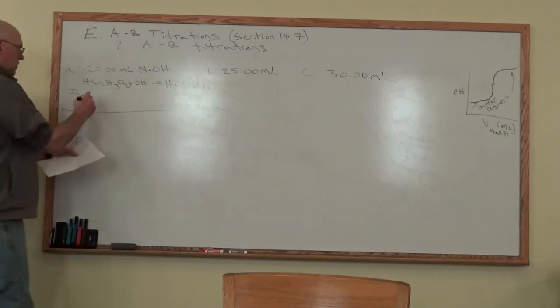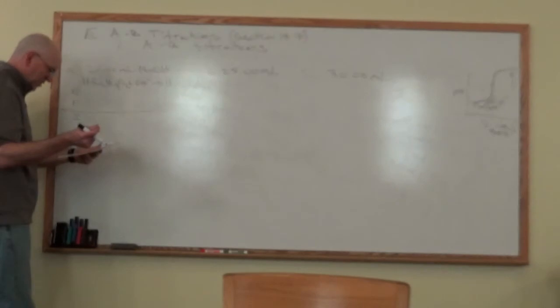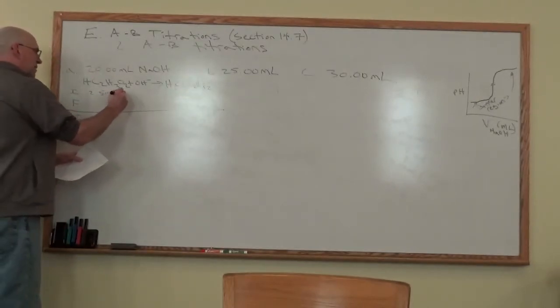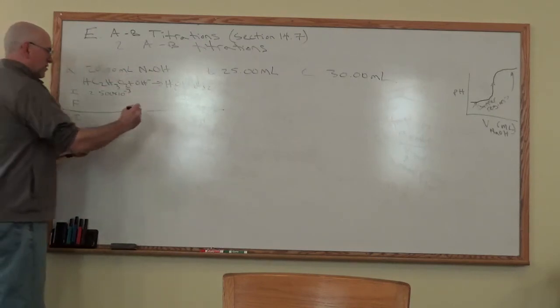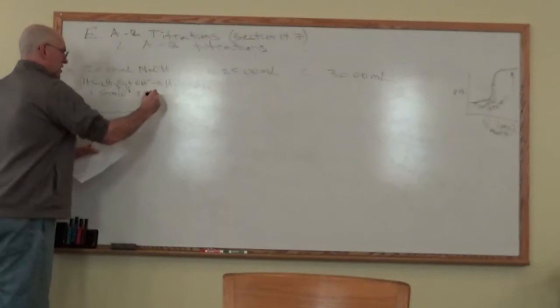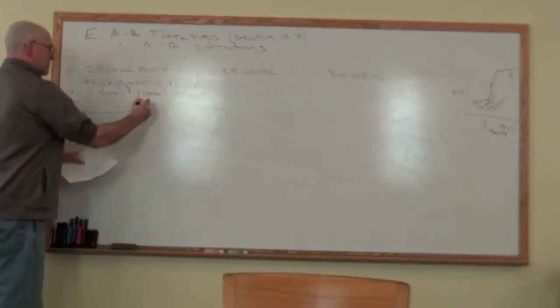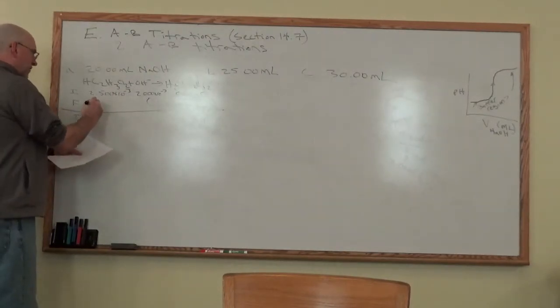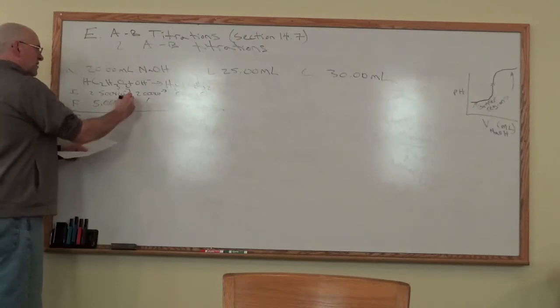For the first one, we're using 25 mils again, so it's 2.500 times 10 to the minus third. And it's 20 mils of this, so it's 2.000 times 10 to the minus third, 0, it's the limiting reactant. We subtract these two, 5.000 times 10 to the minus fourth.